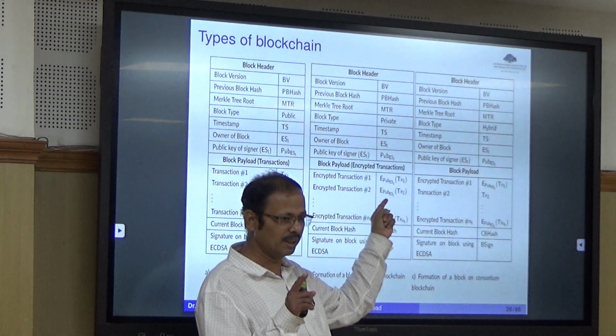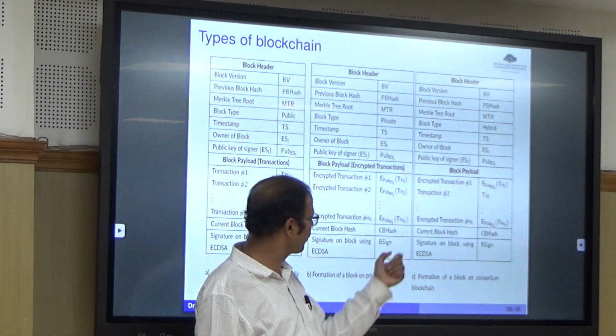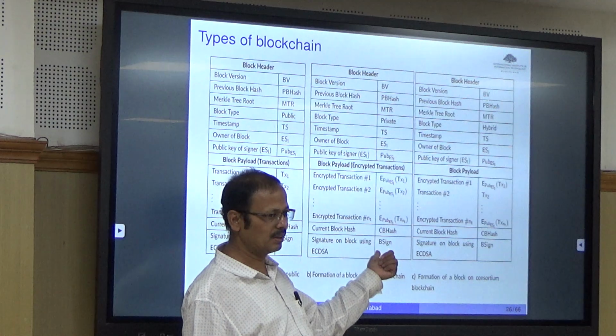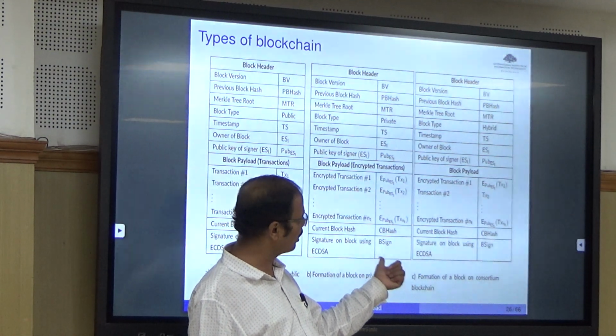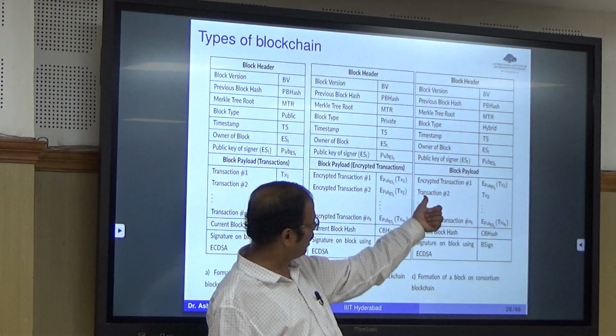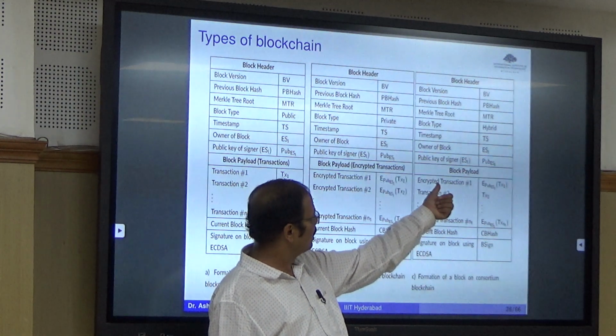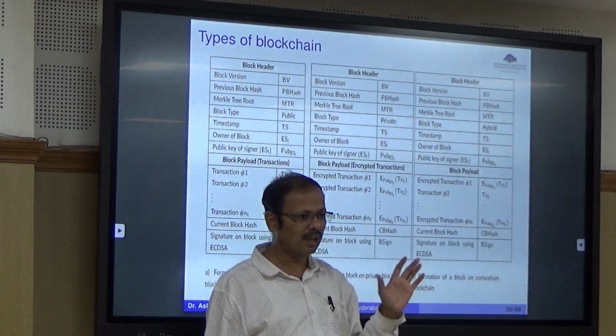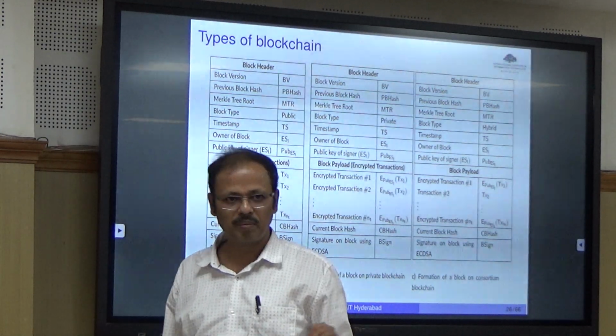Other things are the same, the current block hash as well as the signature on the block. And in the case of the consortium blockchain, some of the transactions are encrypted and most of the transactions are unencrypted.